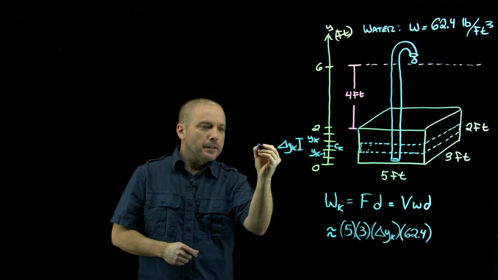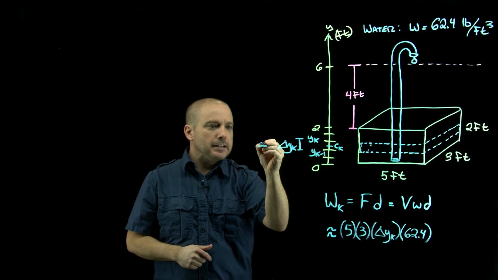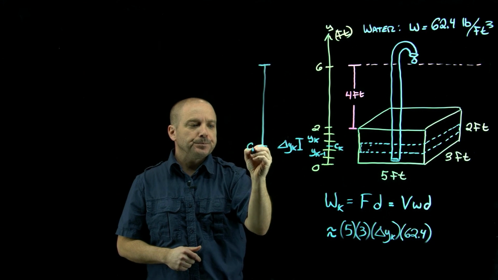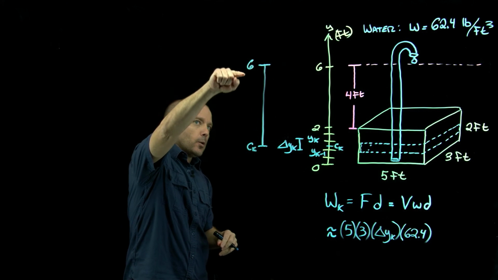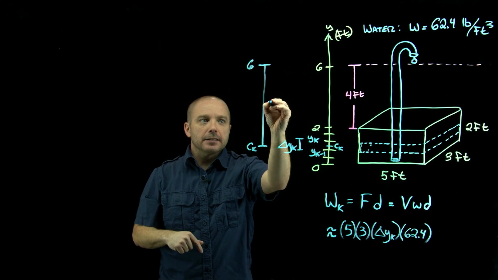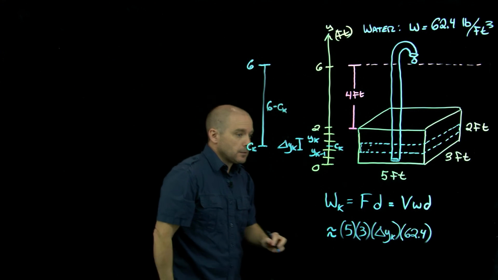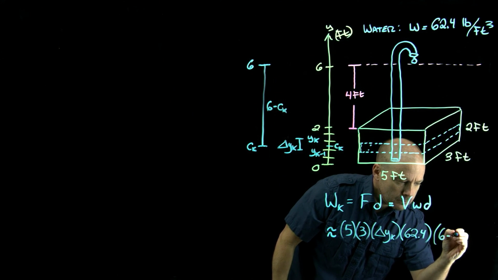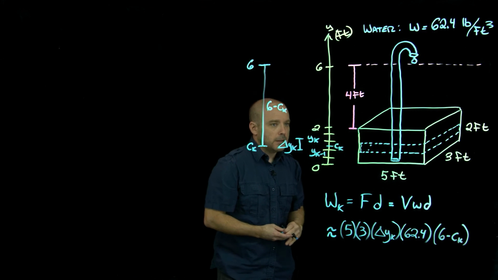Well, we're assuming all the water starts at this C sub k and is being lifted up to 6. So bigger minus smaller, that distance is 6 minus C sub k. So our displacement is (6 minus C sub k).